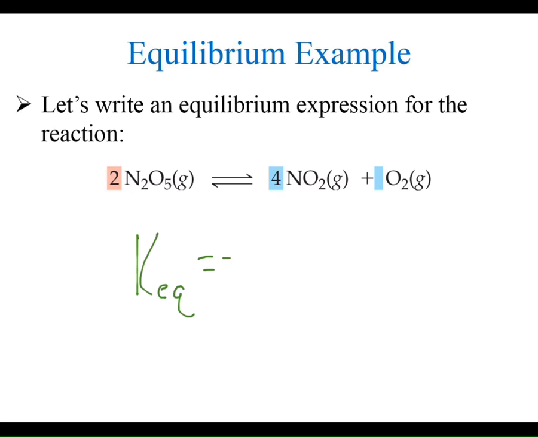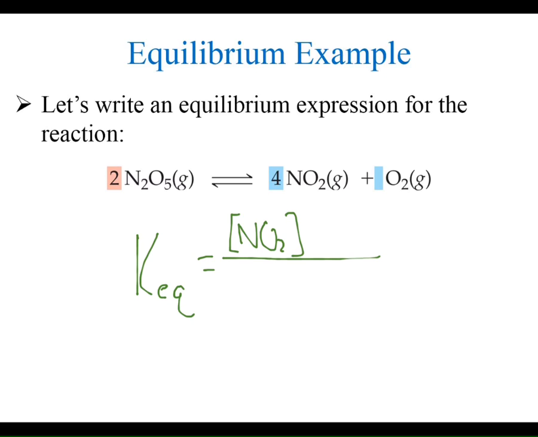We're going to write the ratio of the products over the reactants. My first product is NO2, so I'm going to put a square bracket, the concentration of NO2, and then as an exponent, I'm going to put the coefficient that was with the NO2.